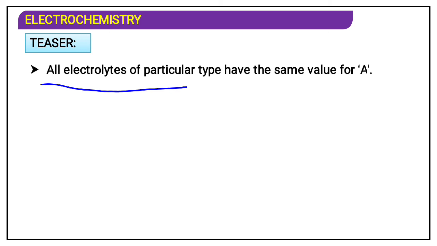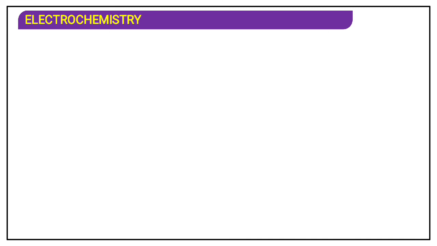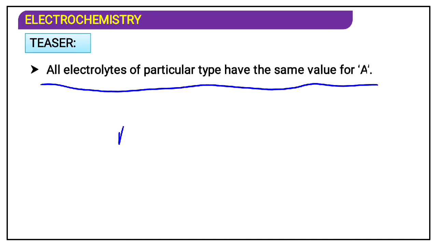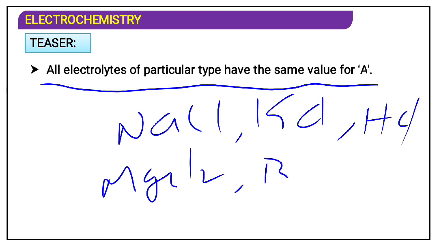The electrolytes of a particular type have the same A value. Suppose NaCl, KCl all have the same A value. MgCl2, BaCl2 all have the same A value. Okay, that is the meaning of this point.